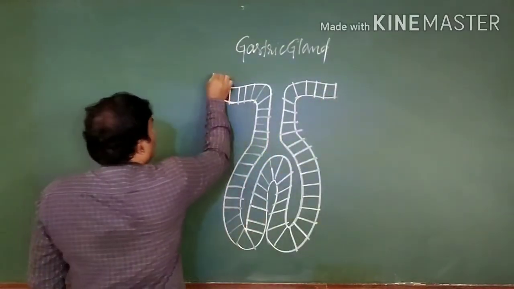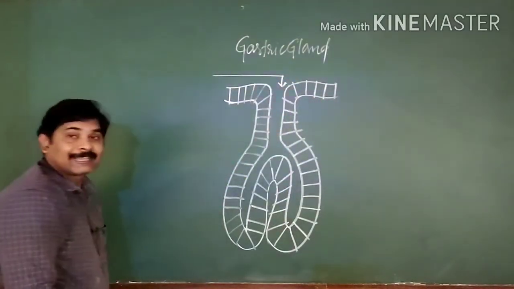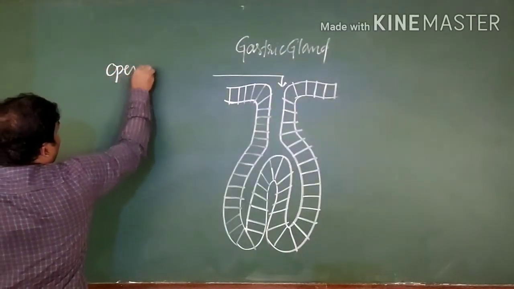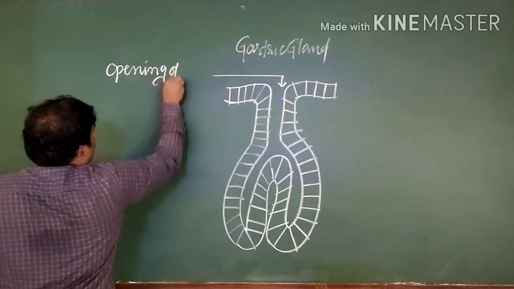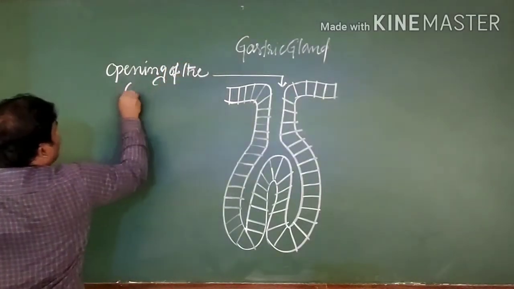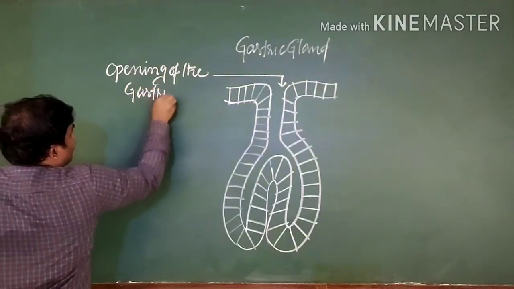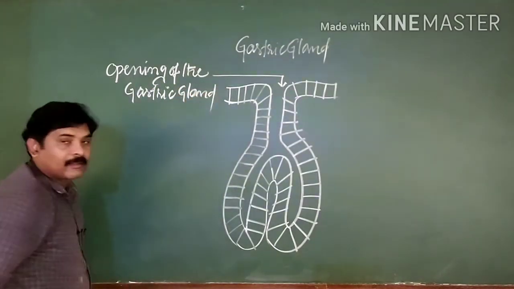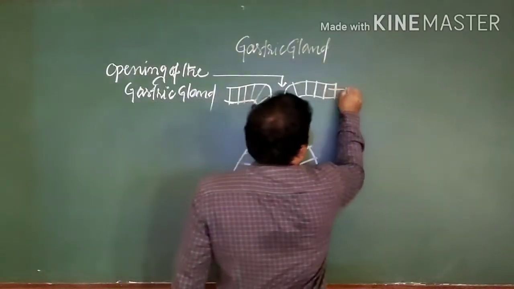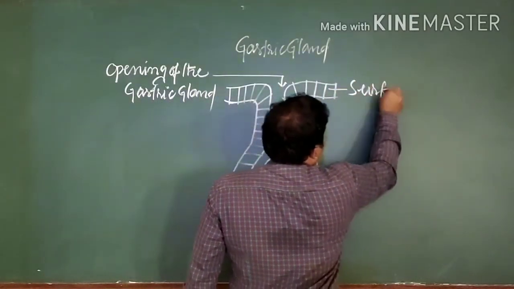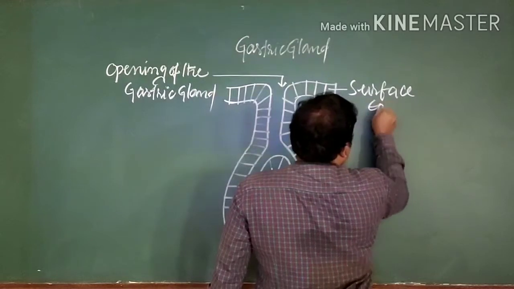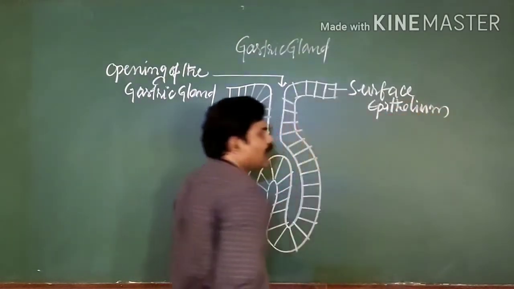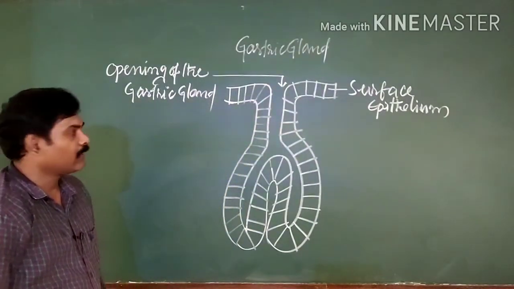Right, this portion is the opening of the gastric gland. And this is the surface epithelium of the gastric gland.